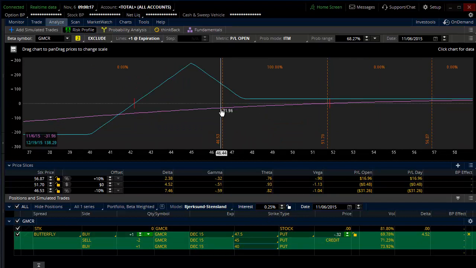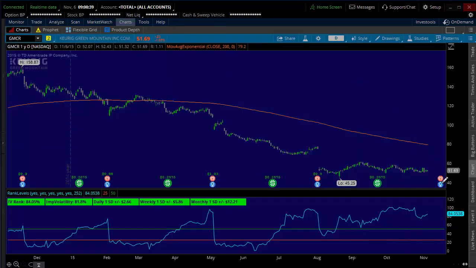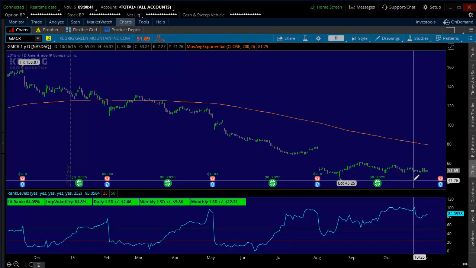Stock's at 51.70 right now. If I construct this kind of a setup, it's going to cost me $218 in margin. I make $32 if it runs away to the upside forever and ever. I really don't get into trouble until about 42 at expiration, down in this area here.